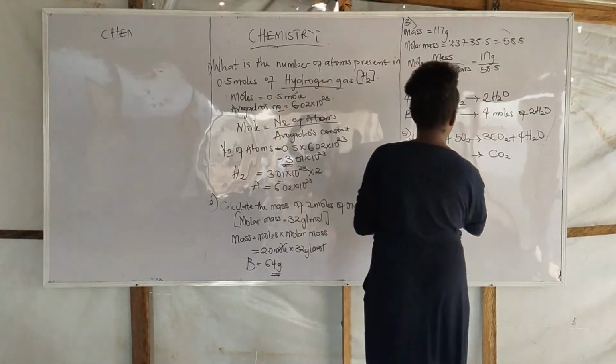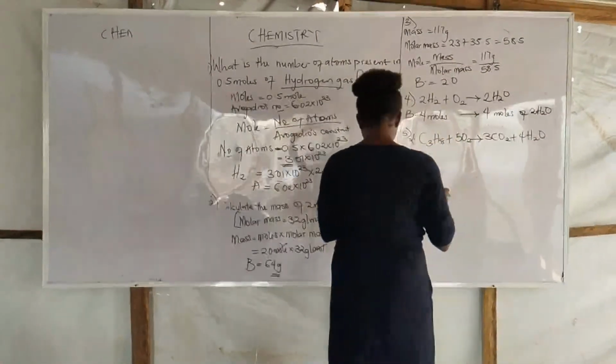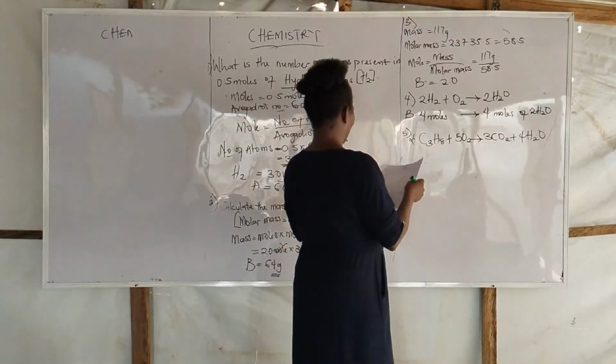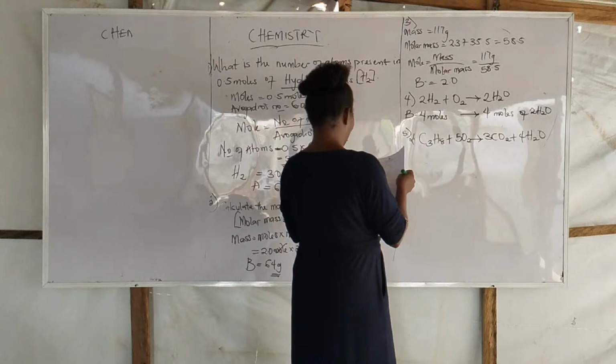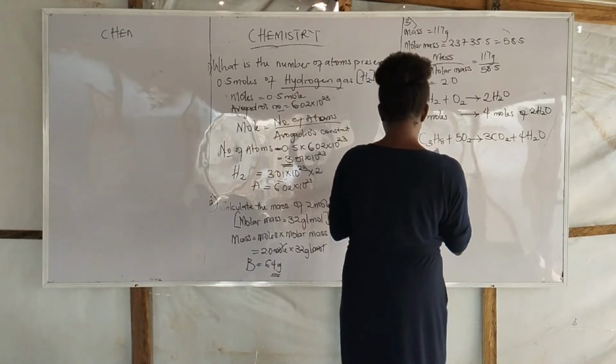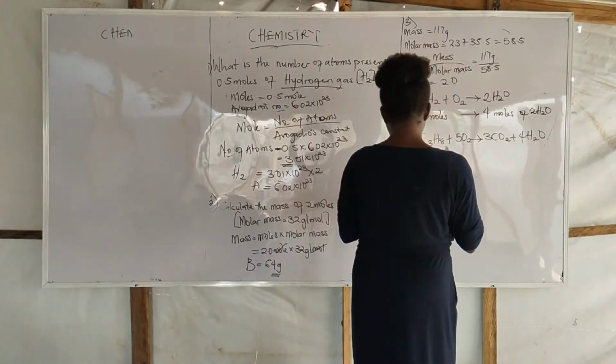So let's go back to the question. The question says, what volume of carbon dioxide at STP is produced when 0.5 moles of this is burned, giving our molar volume at STP to be 22.4 dm³ per mole.